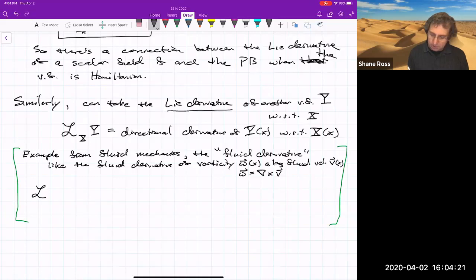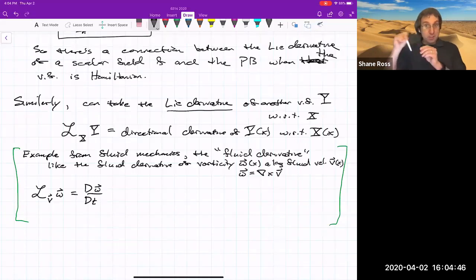But you could write the Lie derivative of the vorticity with respect to the fluid velocity. And some books will write this type of thing as a capital D omega. It's like the time derivative of the vector omega along the Lagrangian path of the fluid element.